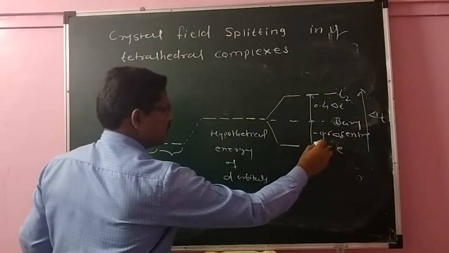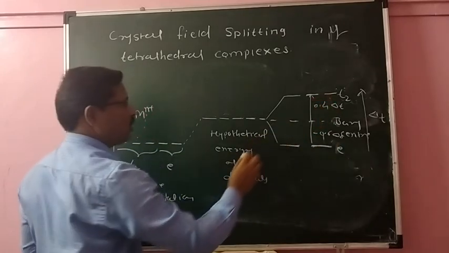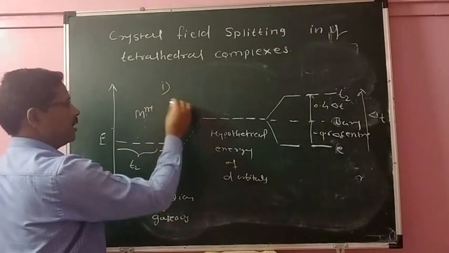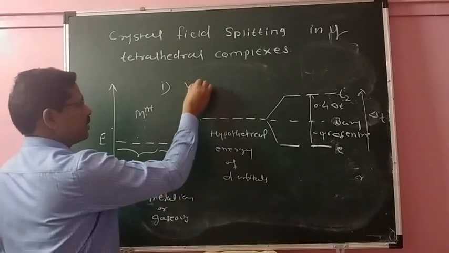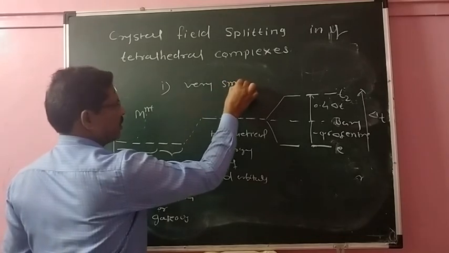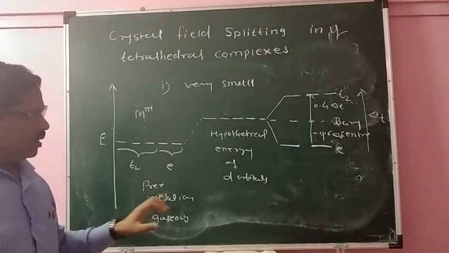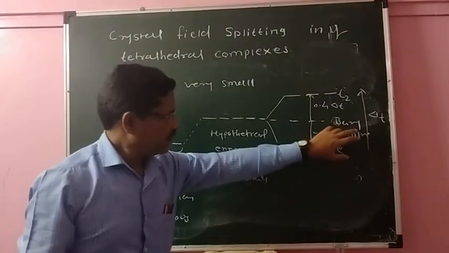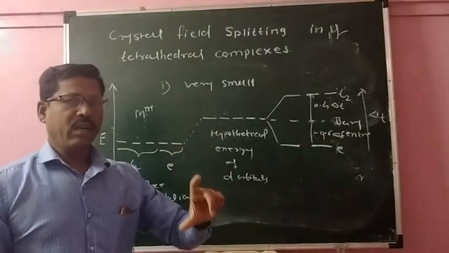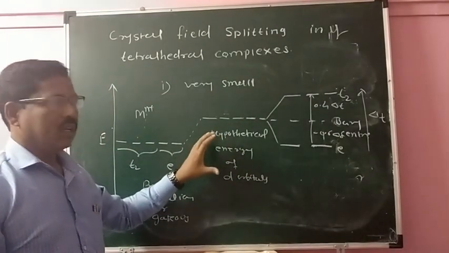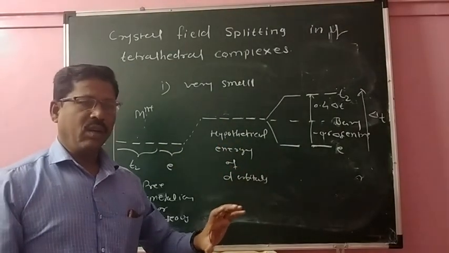In tetrahedral complexes, the energy between the E orbitals and T2 orbitals is very small. The crystal field splitting parameter, that means delta T, is very small as compared to octahedral complexes, because the number of ligands is less than in octahedral complexes.